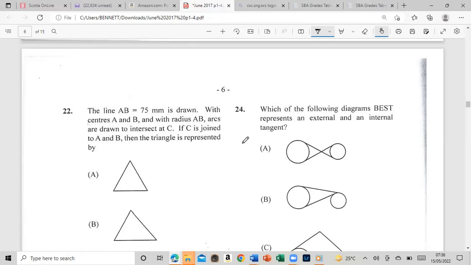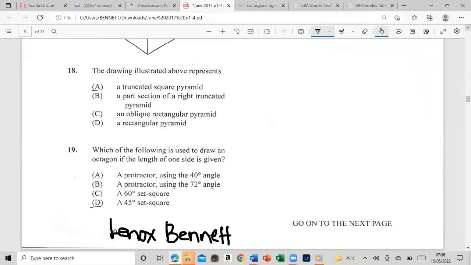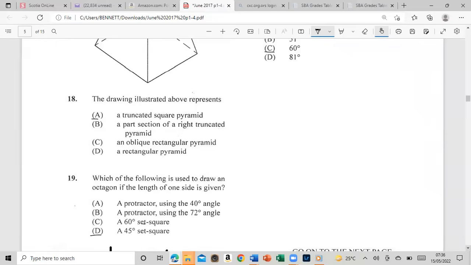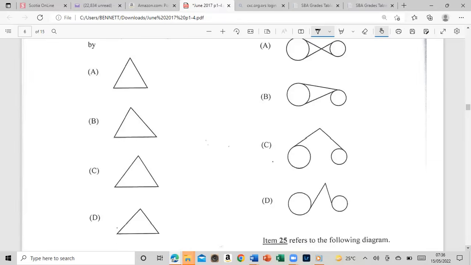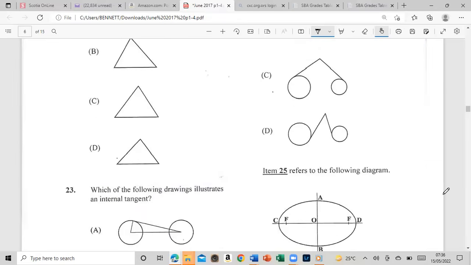The line AB equal to 75 millimeters is drawn. With centers A and B, and radius AB, arcs are drawn to intersect at C. If C is joined to A and B, then the triangle is represented by... I have no idea what this question is about.